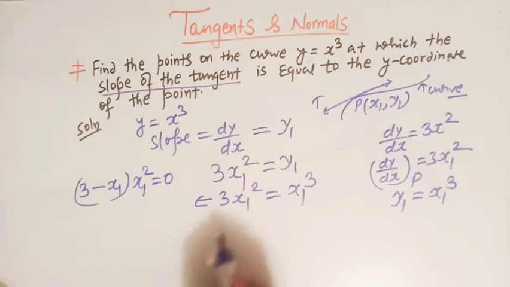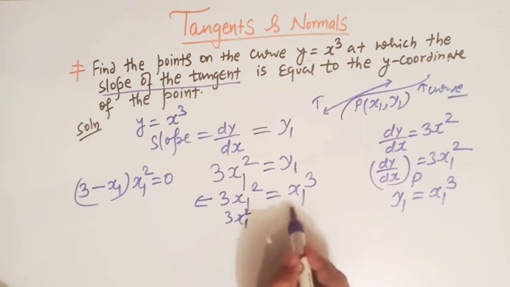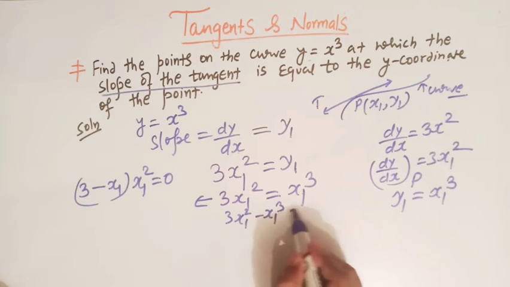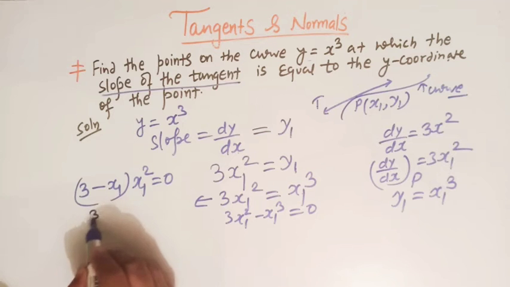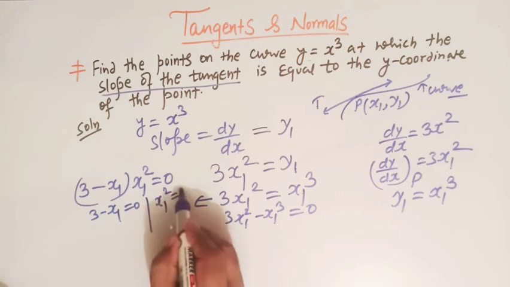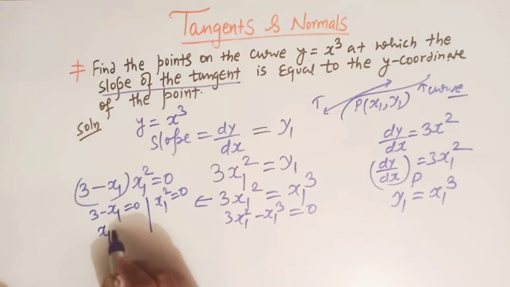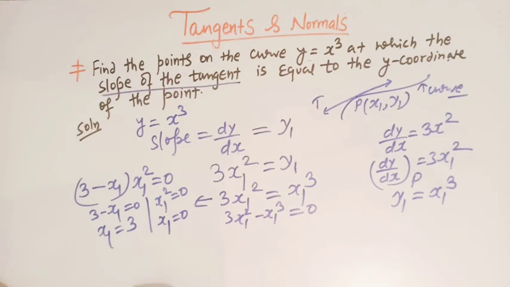Clear? Because we take x1 cube to this side, and then we have this equation. Now from here we get 3 minus x1 is 0, or x1 square is equal to 0. So from here we have x1 is 3, and from here we have x1 is 0.